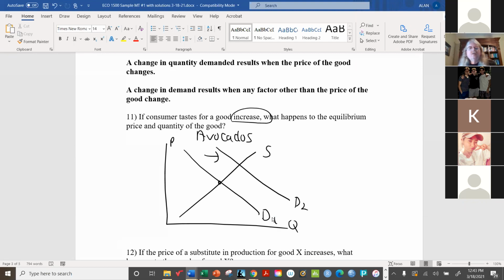This is a product where people suddenly discovered how delicious and healthy they are. And so over the last 20 or 30 years, the demand for avocados has gone up. They're everywhere. So people wanted to buy more avocados. And so the result of that, if you look at the graph, is that the price has gone up.